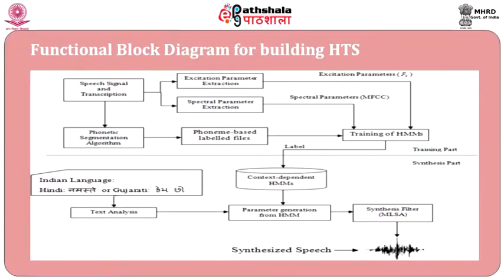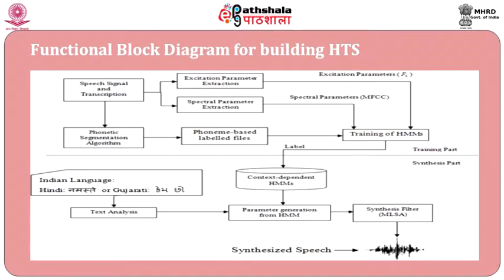Now let me show the functional block diagram for building HTS. As you can see, there are two parts. One is the training part and the other is the synthesis part. In the training part, spectrum and excitation parameters are first extracted from the speech database.